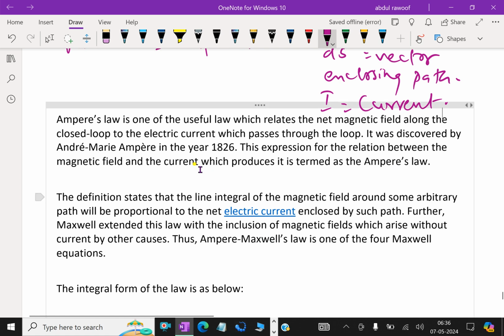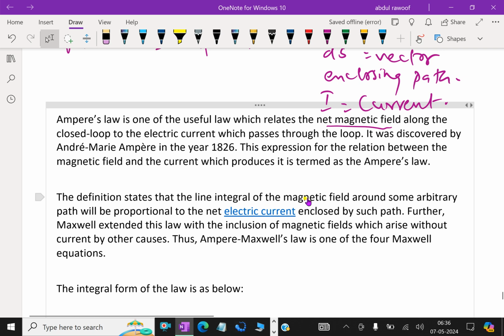Ampere's law is one of the useful laws which relates the net magnetic field along the closed loop to the electric current which passes through the loop. It was discovered by Andre Marie Ampere in 1826.